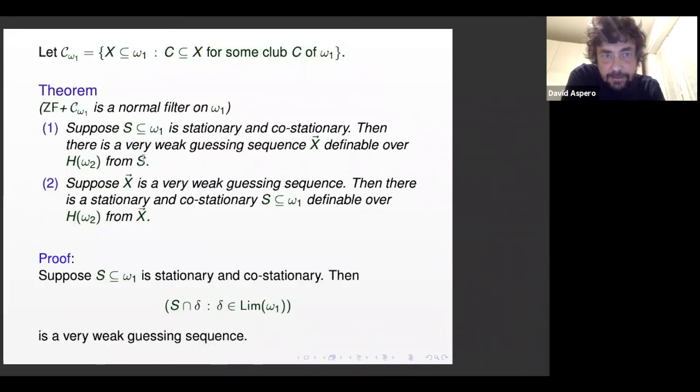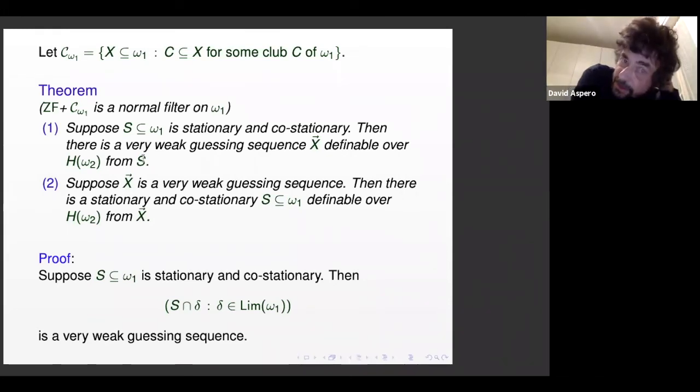Let me call this the club filter on omega 1. Now I want to show that, supposing you have ZF and that the club filter is normal, this notion I just defined is interdefinable with a stationary and co-stationary set of omega 1.